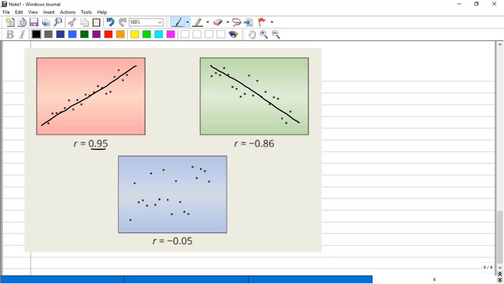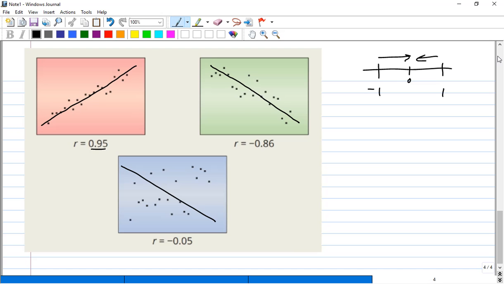The closer you get to 0, whether positive or negative, thinking about those numbers on a number line, the further spread apart the points are. I could draw a line like that, but you can see they're pretty far away from that line.